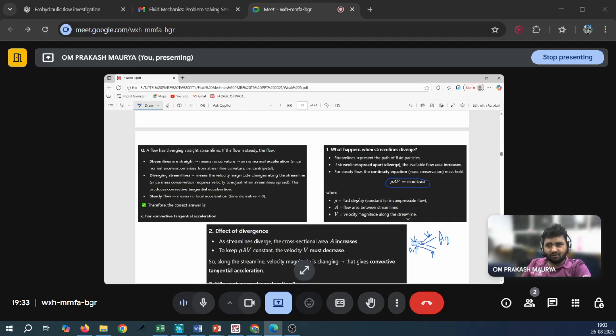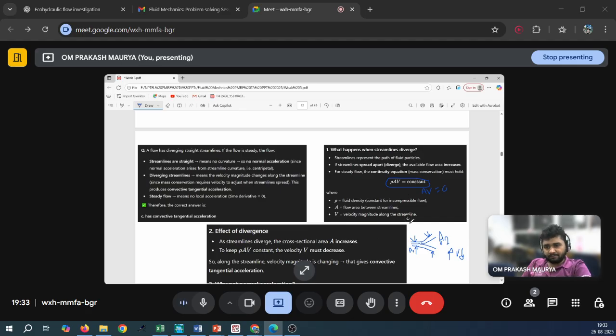If the fluid is incompressible, then we will not consider rho, and A and V should be constant. So if the area is increasing, what will happen? The velocity should decrease, and then only the multiplication will be constant.